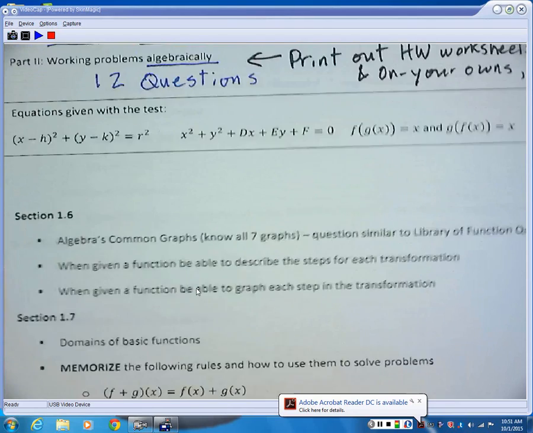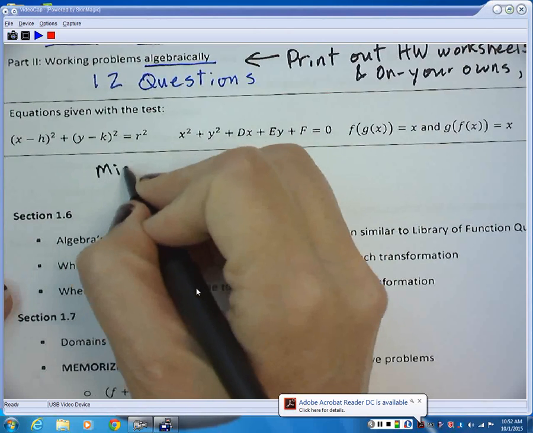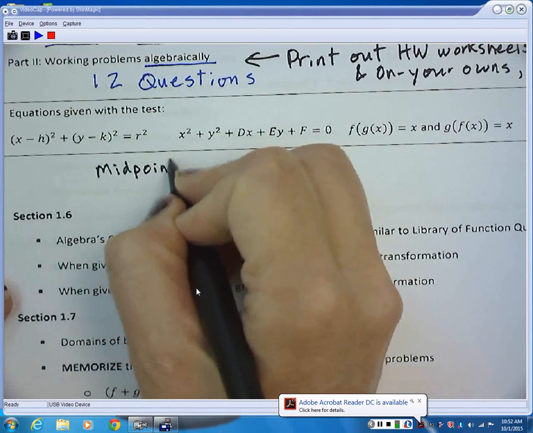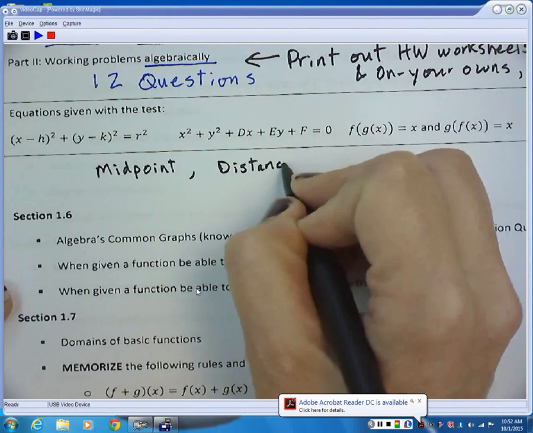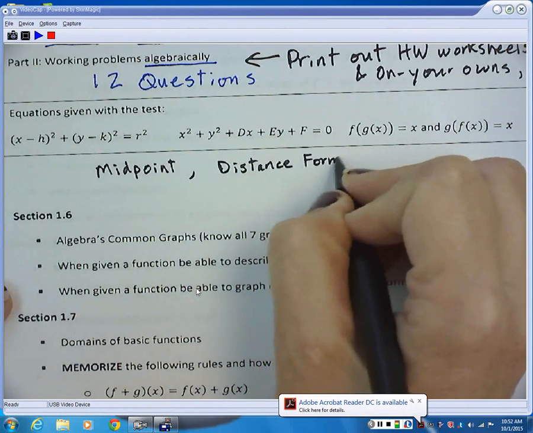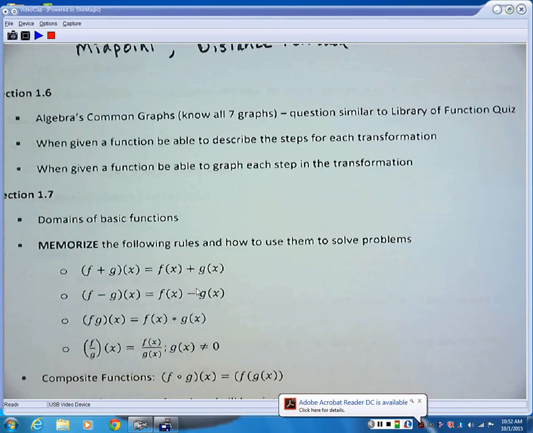Alright, so we also give you the midpoint and distance formula. Okay, so what's on this test?